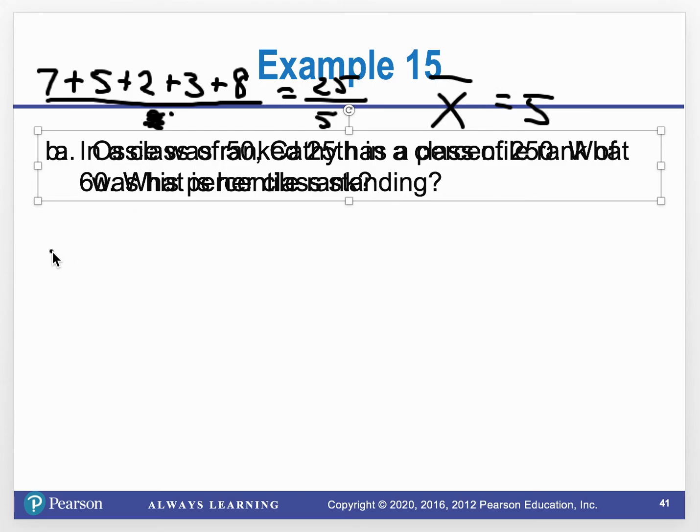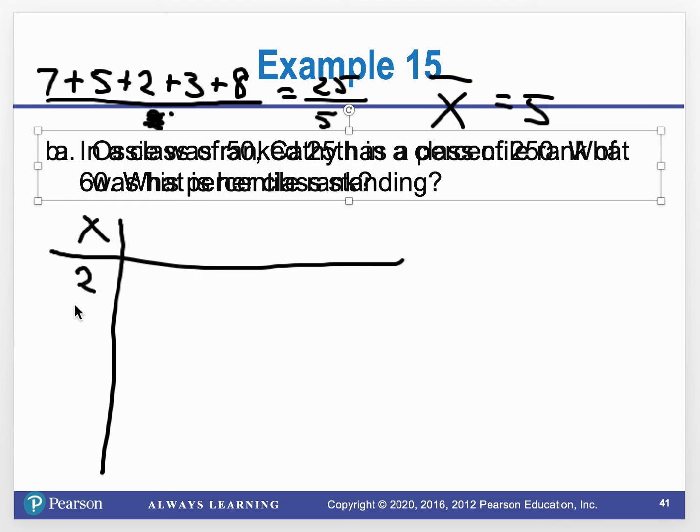To find the standard deviation, I need to make myself a chart and list all my data values. They don't necessarily have to be in order, but I'm going to put them in order just for the fun of it. Okay, I'm going to subtract the mean from each one.